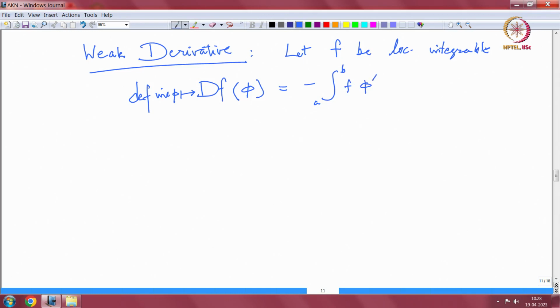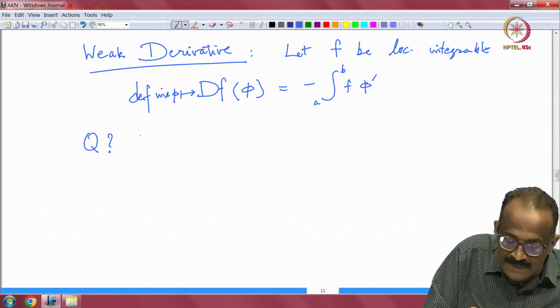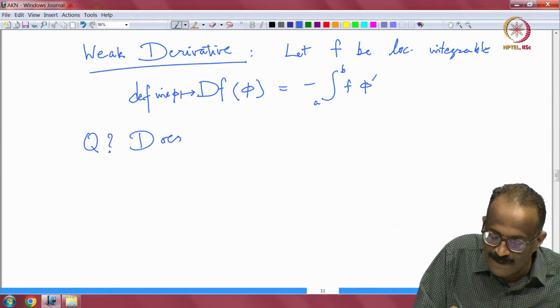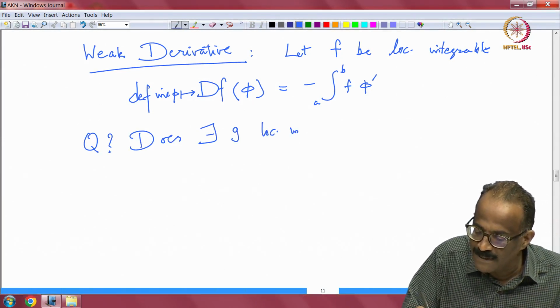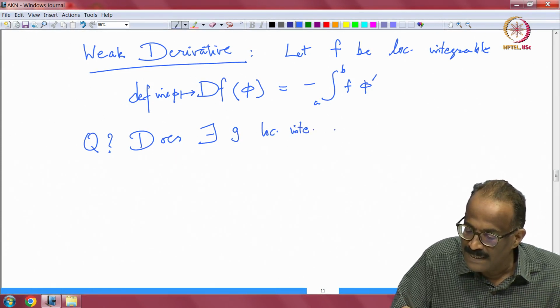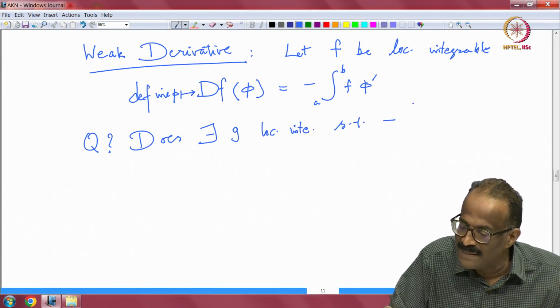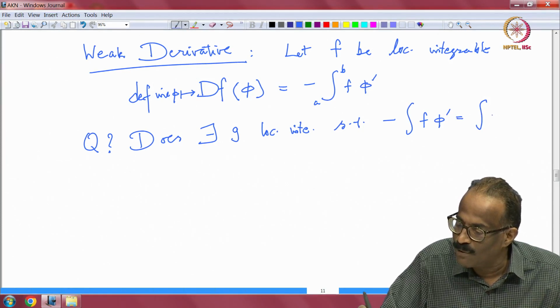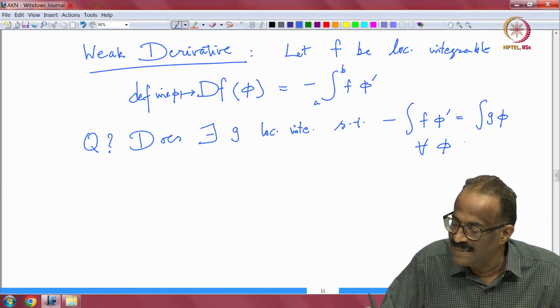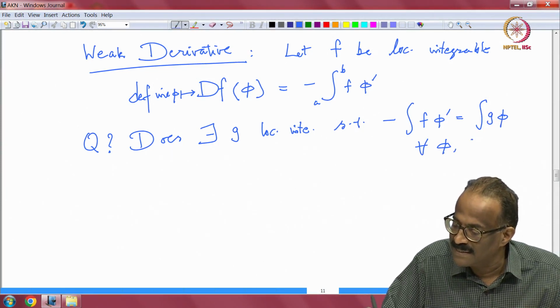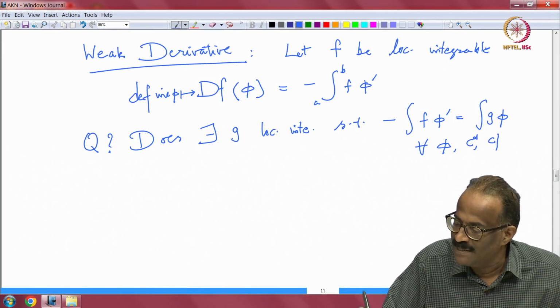One of the questions is: does there exist g locally integrable such that minus the integral of f phi prime is the same as the integral of g phi for all phi in D of omega, for all phi which is C infinity with compact support? These are the two properties.